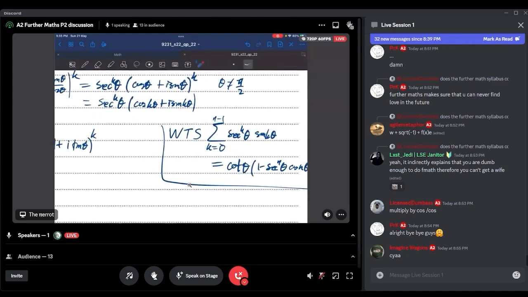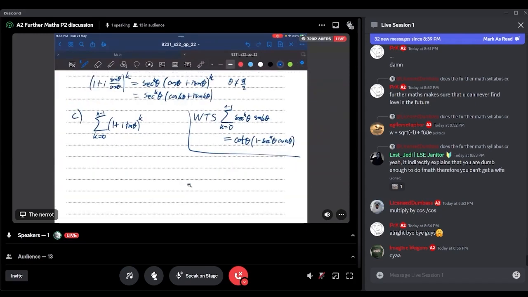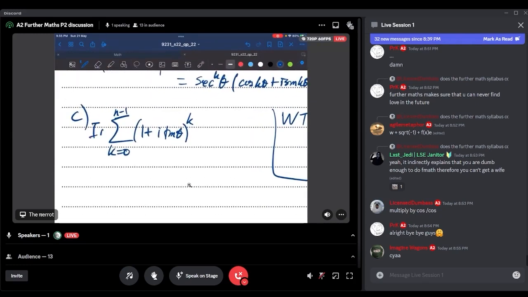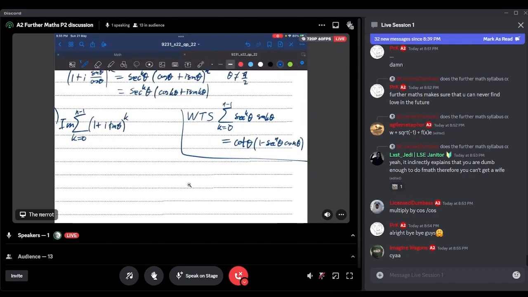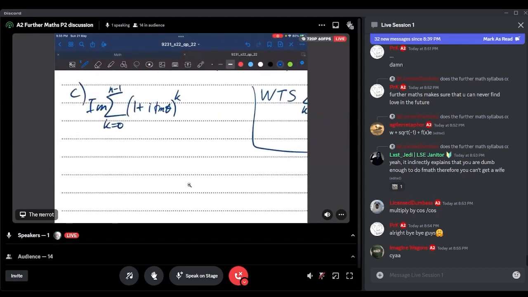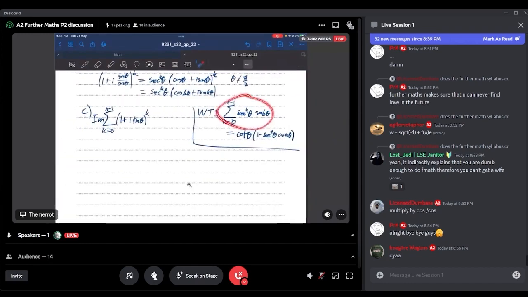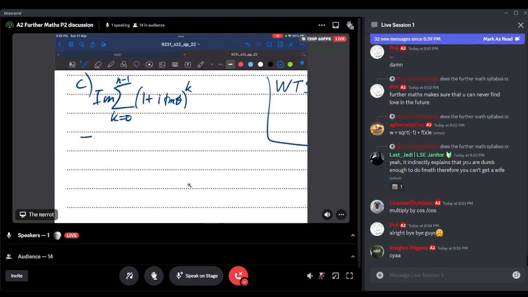Yeah, this is the imaginary part. Okay, so we know that the imaginary part should give this. So this sum is n minus 1. And let's see.